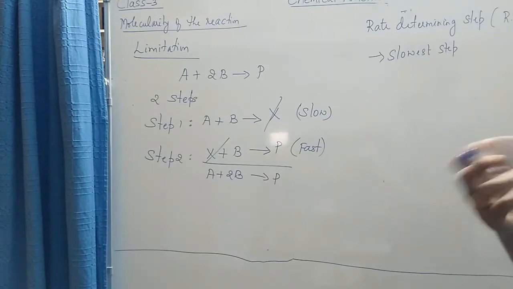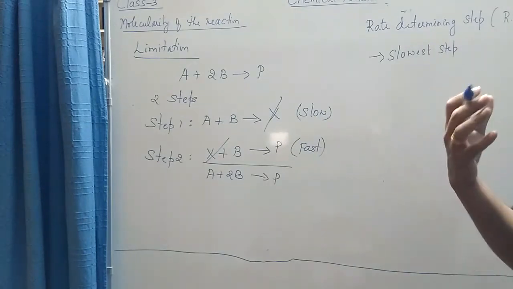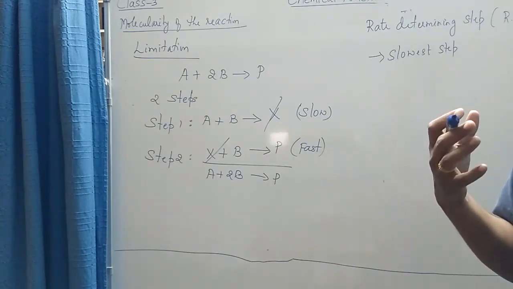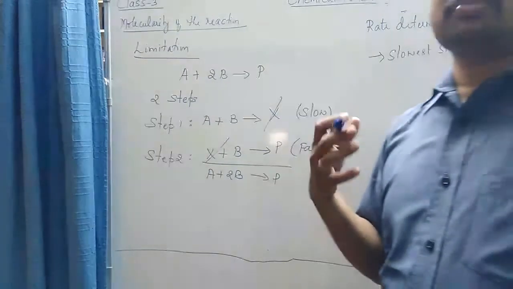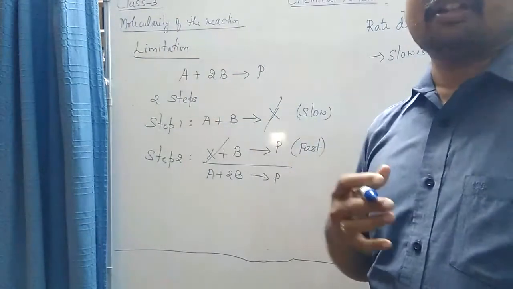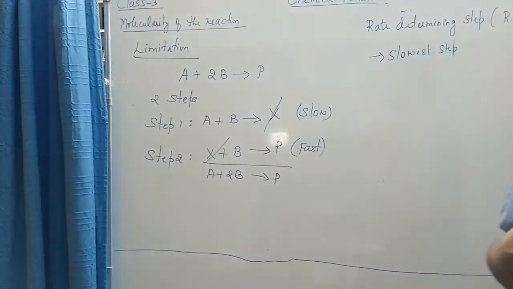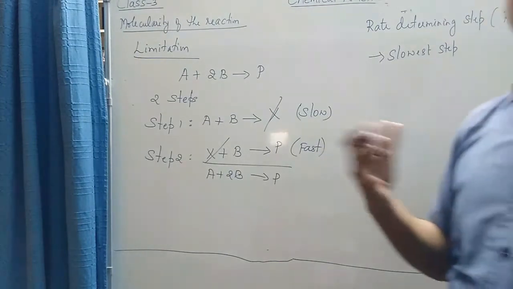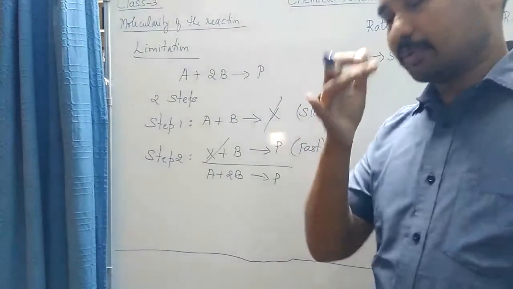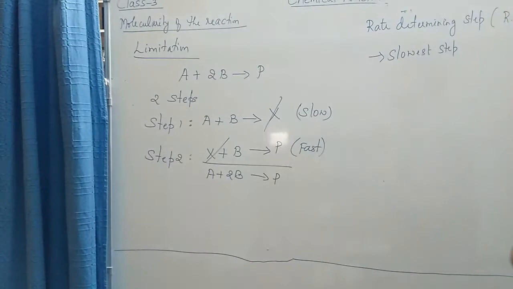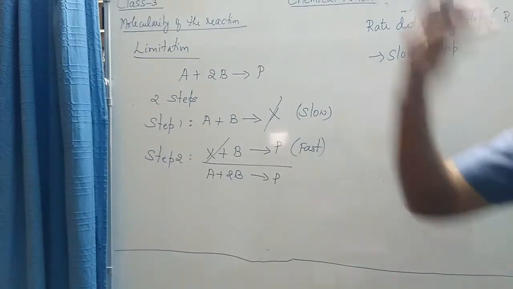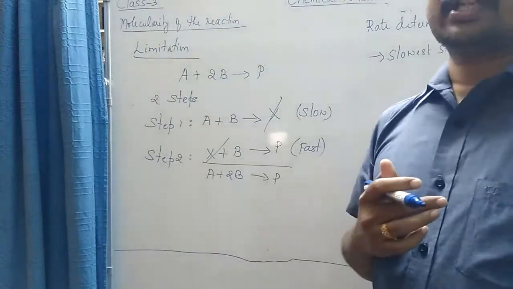It is just like in traffic. Behind you have vehicles which are capable of moving with greater speeds, but in front you have a lorry which moves very slowly. So though the vehicles behind this lorry have the capability of moving with greater speeds, their speed is controlled by the lorry which is ahead of them.